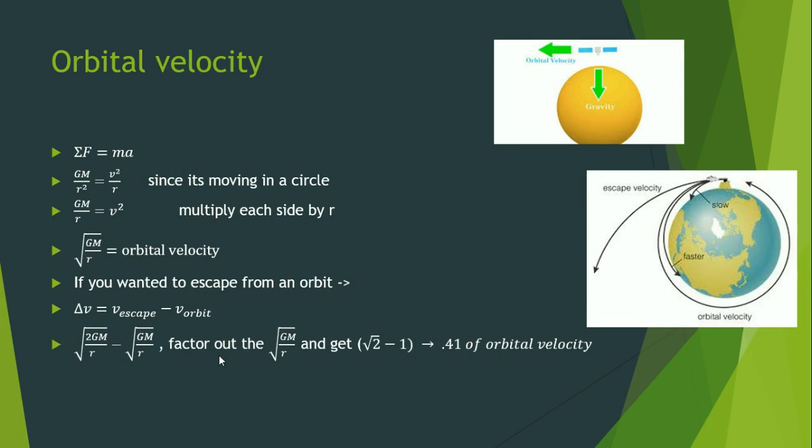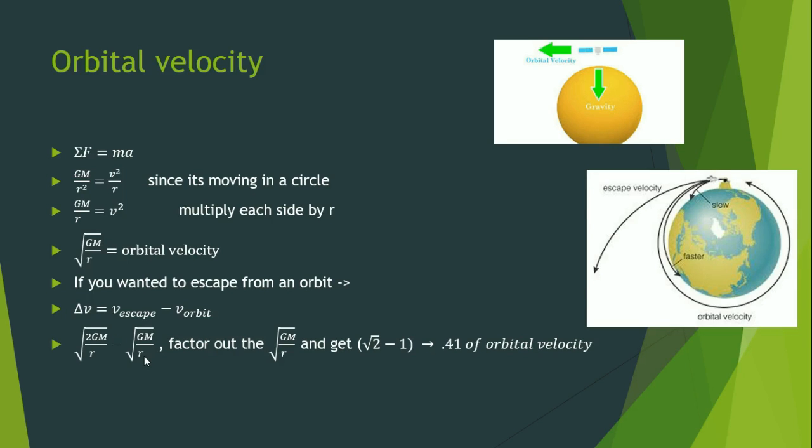So here is our formula. We have the escape velocity from the last slide, which is the square root of 2GM over r, and the orbital velocity is just the square root of GM over r. Notice how they're very, very similar. It's just a slight difference.